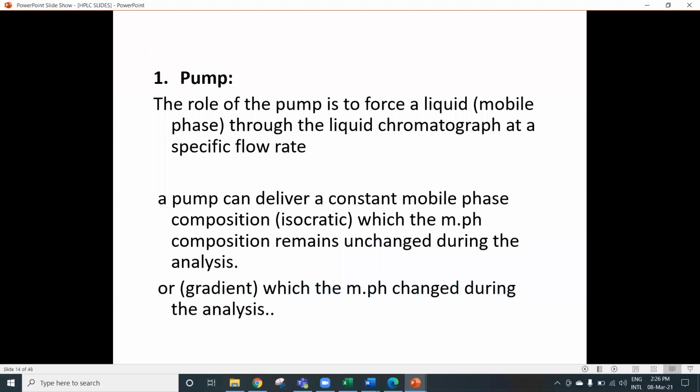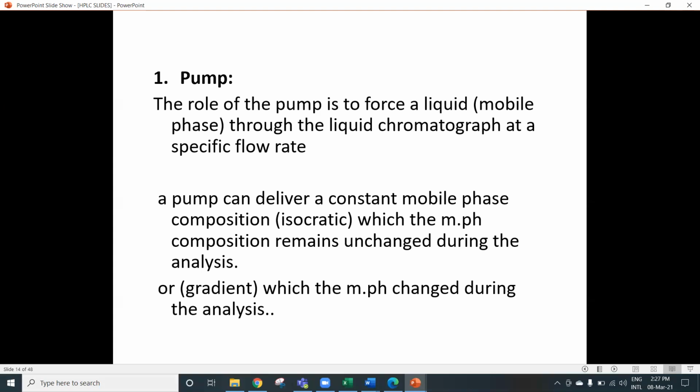The role of the pump is to force your liquid through the liquid chromatograph at a specific flow rate. And there are two ways your mobile phase can flow. The pump can deliver a constant mobile phase composition.